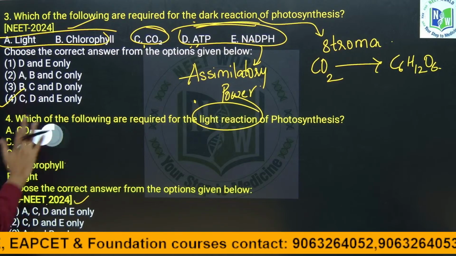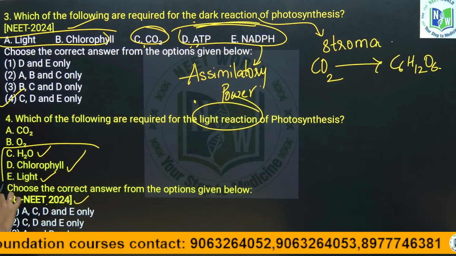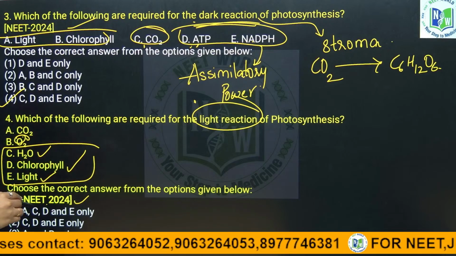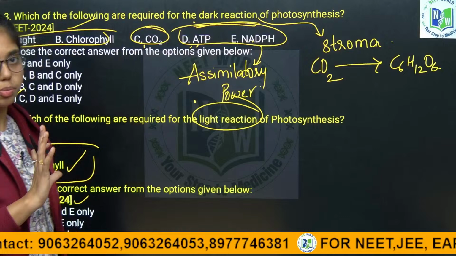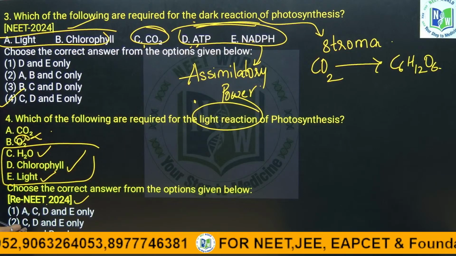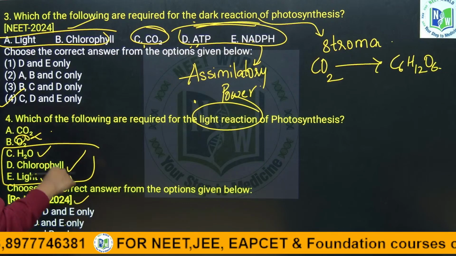Oxygen is not required. We require chlorophyll, light and water. All these three are required. Oxygen is required for cellular respiration or aerobic respiration in mitochondria. This is not required for light reaction. So the option is C, D, E. Option 2 is the correct answer.